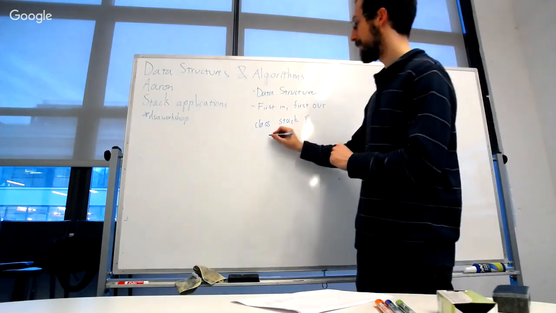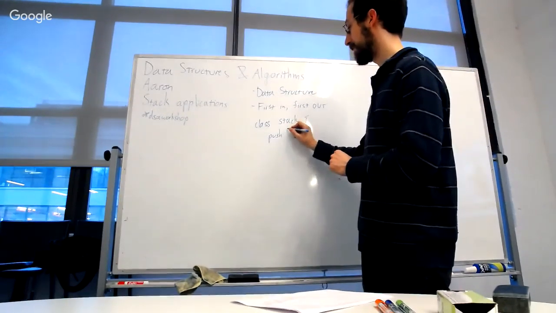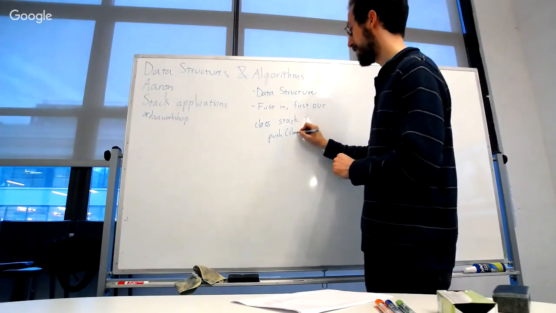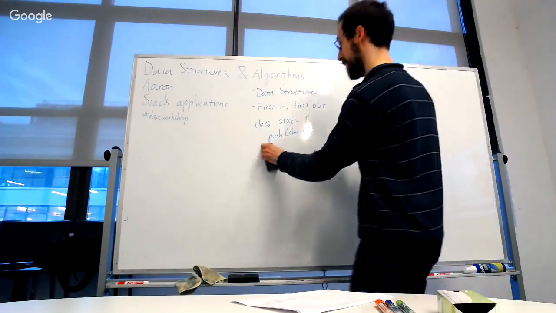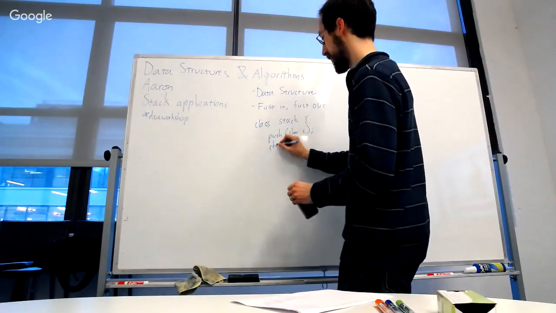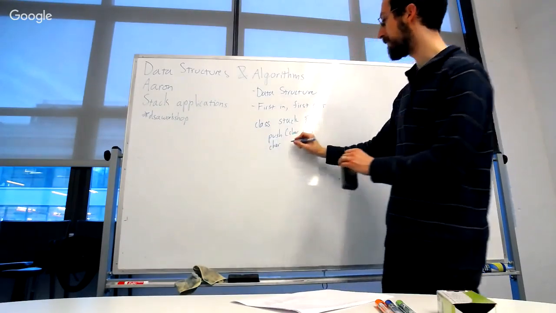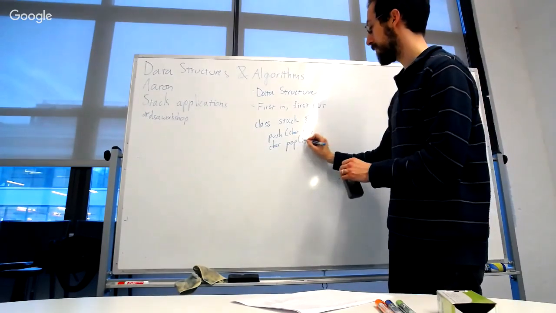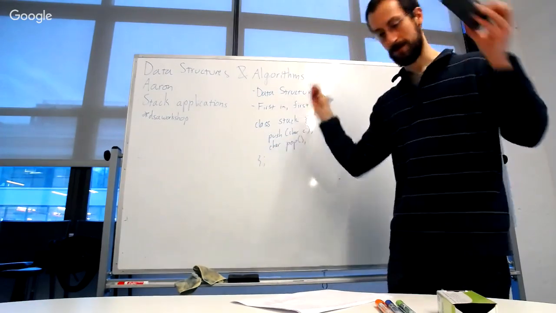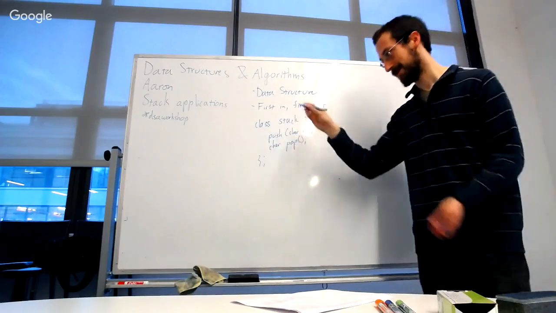So push, and it might take a character, like a letter, and pop, which generally returns. This is sort of C or Java syntax. So it can push, or it can pop. And that's it. You have to be able to build a stack and so on.